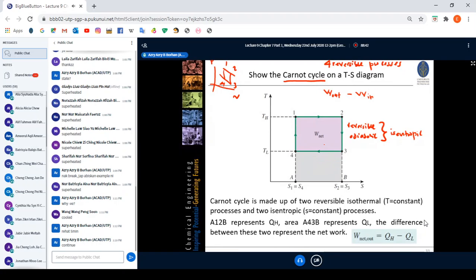So the difference, W out minus W in, will give you the W net of the process.